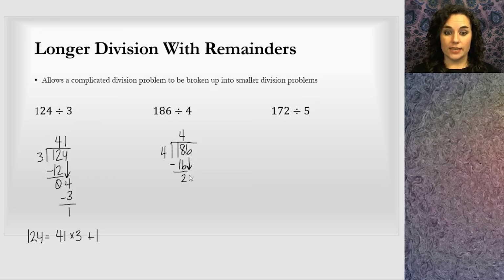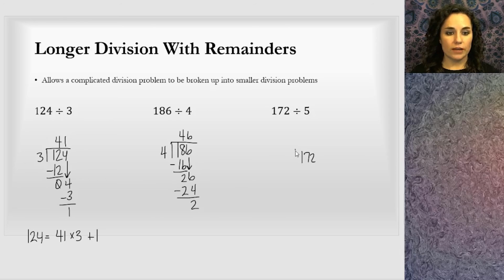Bring the 6 down. Always bring that next number down when you subtract. I ask myself, how many times does 4 go into 26? 4 goes evenly into 24 6 times. So I will write a 6 up here. 6 times 4 is 24. And I will have a remainder of 2.